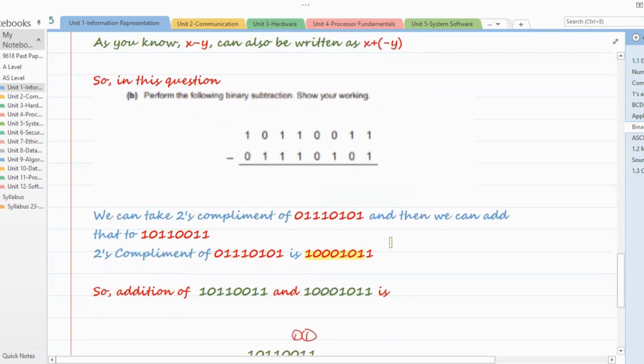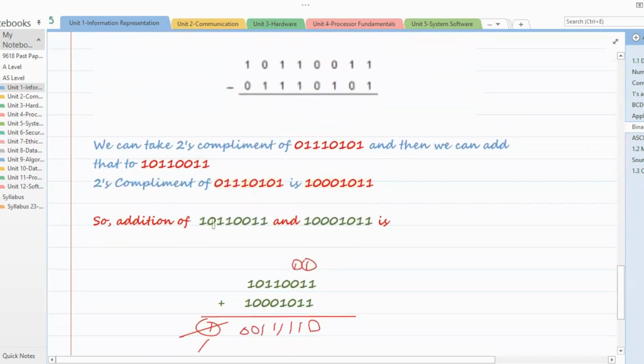Now we'll perform addition instead of subtraction, right? Because many people find it difficult to do subtraction, but they find it very easy to do addition questions. So that is why this method is very helpful for all those students. So take 2's complement of this number, make it a negative number, and then add this number to the upper number.